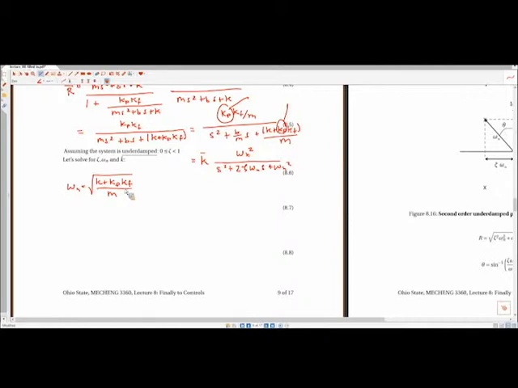Yes? I had a question, not about the form of that, but is there a way that you just know that this is underdamped without actually knowing the full expression? That's a good question. I glossed over that quickly. The simple answer is, with feedback control systems, you are almost always going to get underdamped systems.